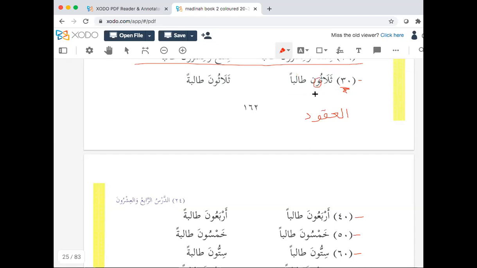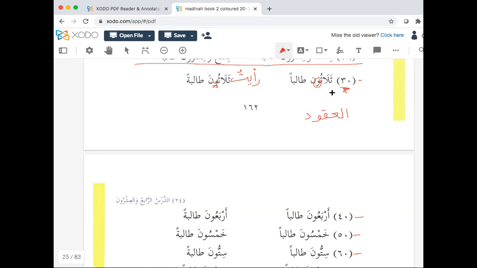And if they are mansoob or majroor, what will this letter change to? Yeah. It will change to ya, ahsant. So for example, ra'aytu thalathina talibah. Waw will become ya because it becomes mansoob, maf'ool bihi mansoob.